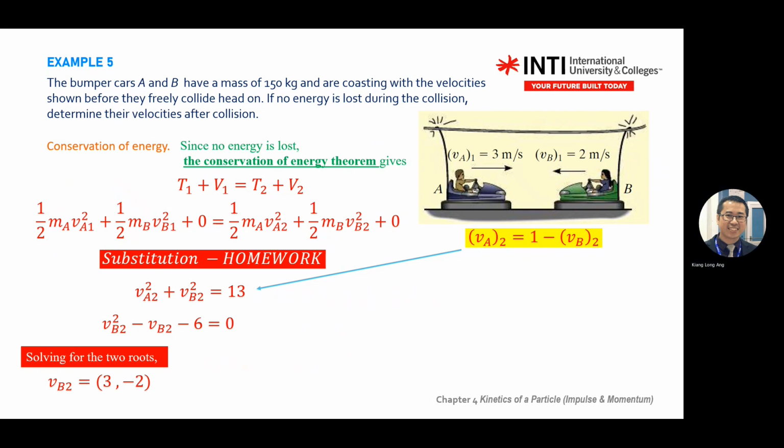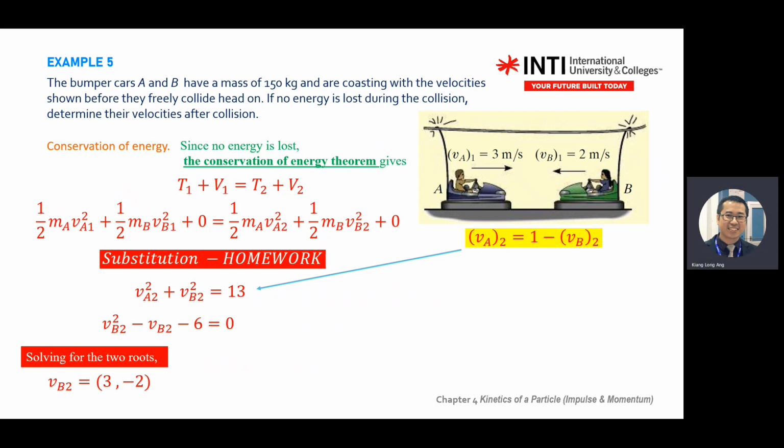Okay. This one you need to recall your understanding of quadratic equations. When you solve a quadratic equation, you have two roots. It means that VB has two answers, 3 and minus 2. One is minus 2, one is 3. You look back in the diagram. Initial velocity of B is what?